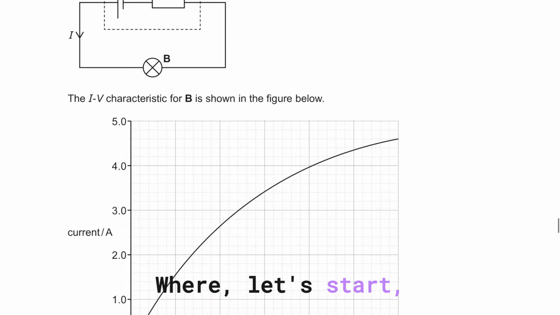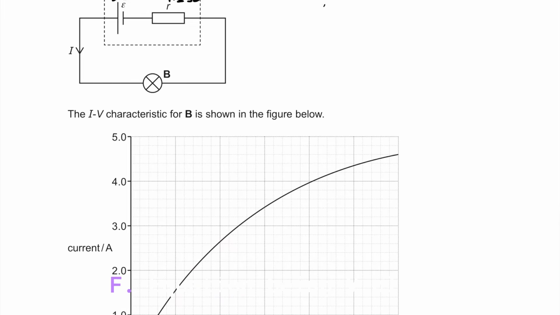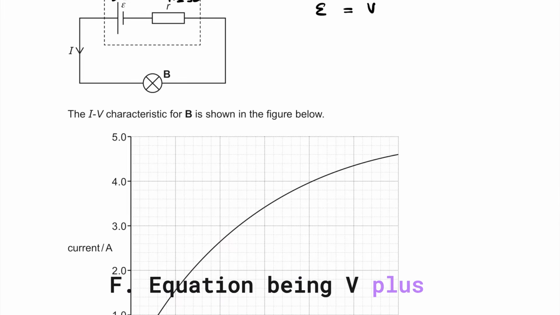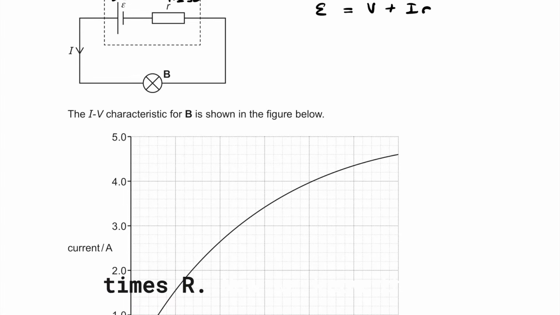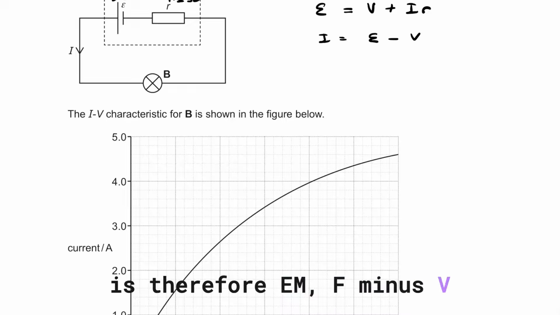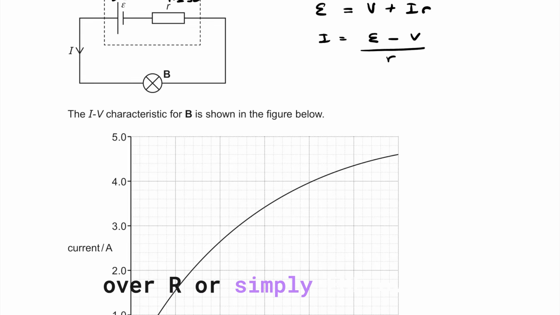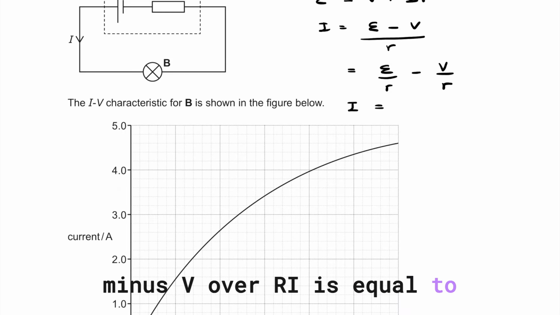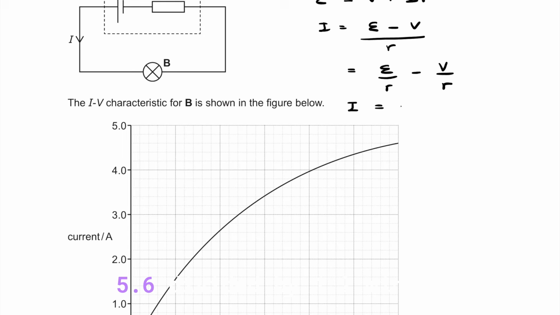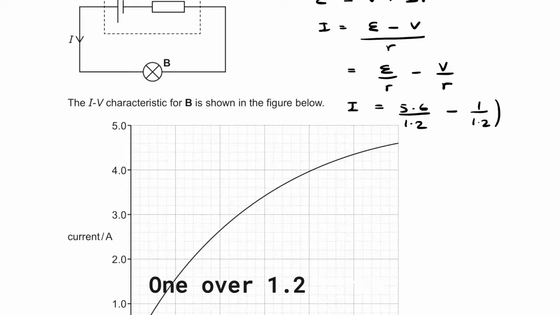Let's just start with the EMF equation being V plus I times R. Now we know that I is therefore EMF minus V over R, or simply EMF over R minus V over R. I is equal to 5.6 divided by 1.2 minus 1 over 1.2 times V.